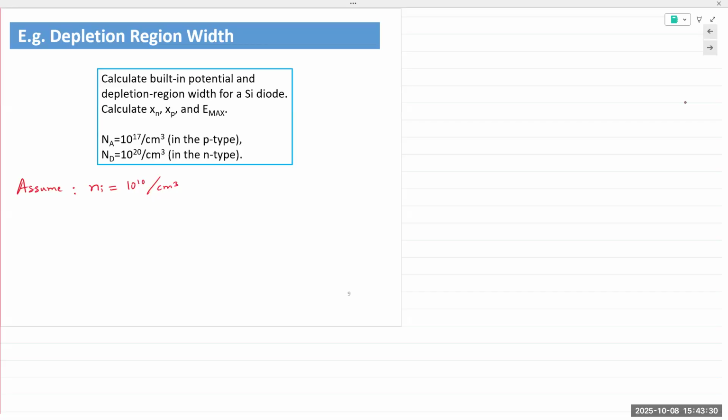Let's say, just for simplicity's sake, we assume VT is 25 millivolts. Again, this is the voltage that appears in semiconductors due to thermal effects. It's an integral part of many equations.